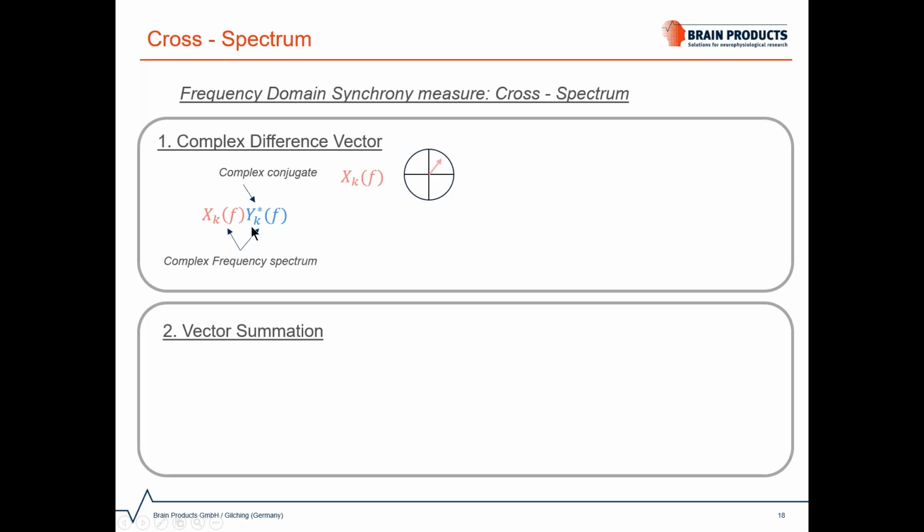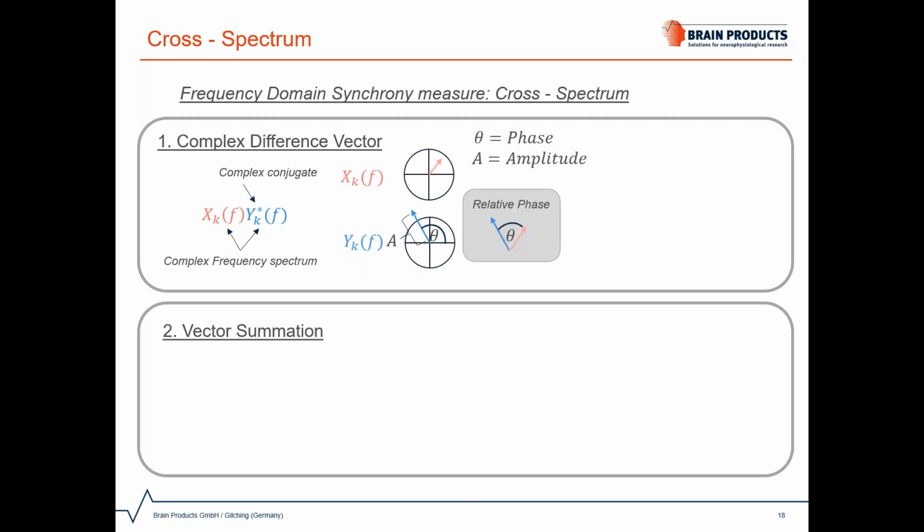So we have our two complex frequency spectra consisting of a real and imaginary part. And as we have learned, we can represent a sample value at a given time and frequency with these complex vectors. They point into a certain direction that corresponds to the phase of the signal and have a certain length that corresponds to the amplitude of the signal.